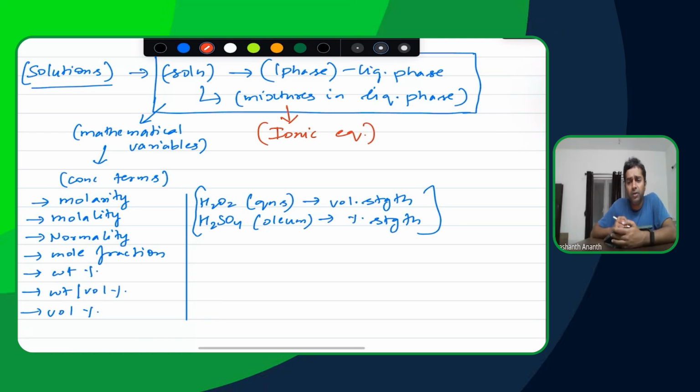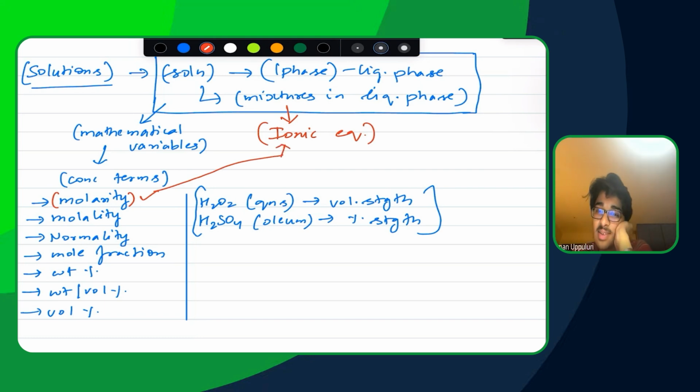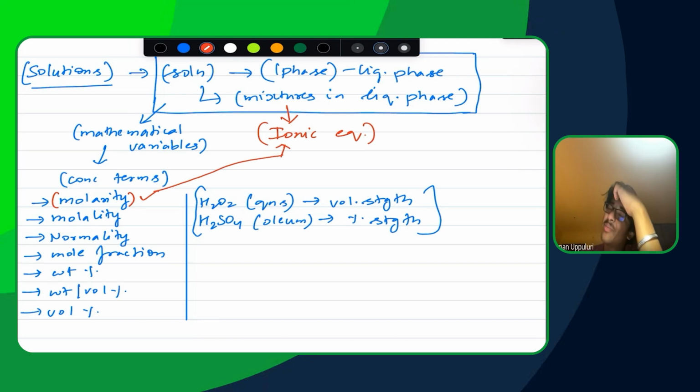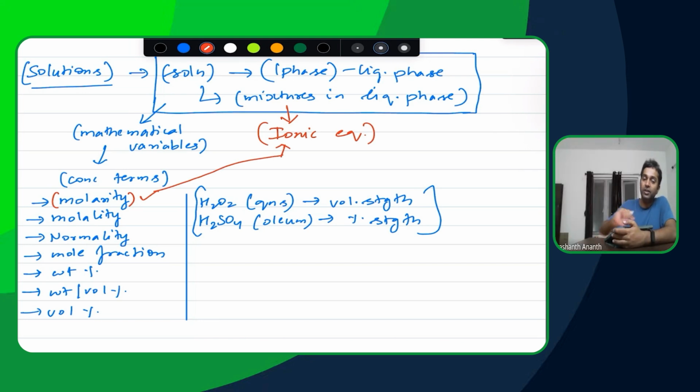You think and tell me? Only molarity. Sincerely think and tell. Everything is concentration term, this concentration term, that, correct? They're all molarity. There is no mole fraction there. So molarity is going to be the thing which is constantly used over there.